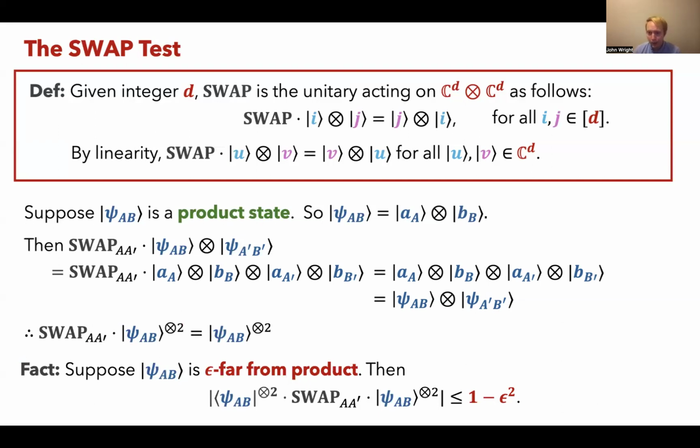And now we measure the overlap with the original psi AB tensor 2. If it was a product state, this would be 1. But it turns out if you're epsilon far from product, then this overlap, after you apply the swap operator, is actually bounded away from 1. In particular, it's at most 1 minus epsilon squared.